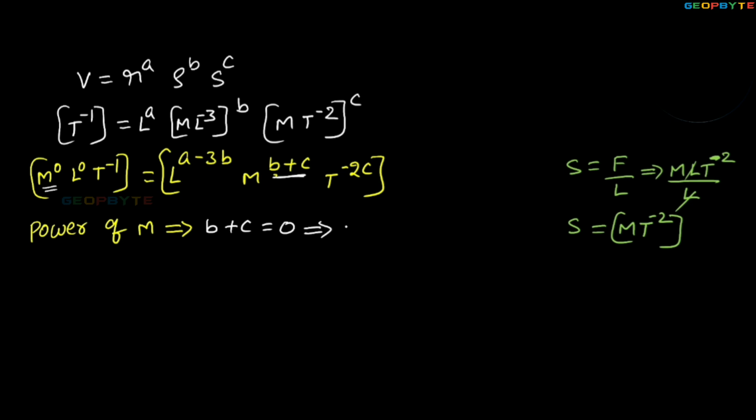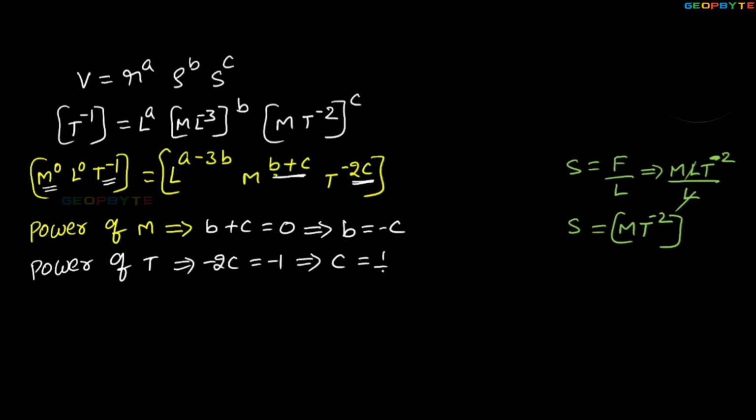From this, I can write b equals minus c. Then the power of T: minus 2c equals minus 1. The minus signs cancel, so c equals 1 by 2. Since c equals 1 by 2, b equals minus c, that is minus 1 by 2.